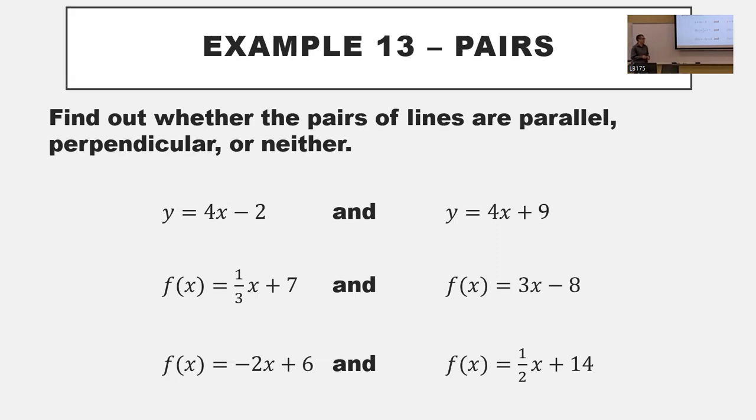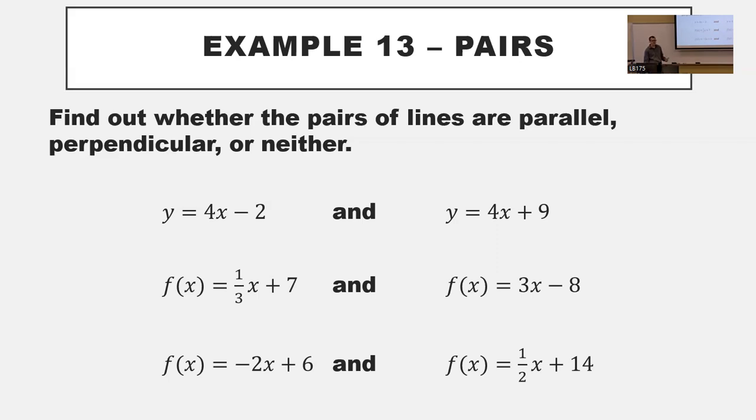We have a -2 and a +1/2. You can think of -2 as -2 over 1. The reciprocal of -2 is -1 over 2. The negative reciprocal would be +1 over 2, or 1/2. So the first pair is parallel, the second pair is neither, and the third pair is perpendicular.